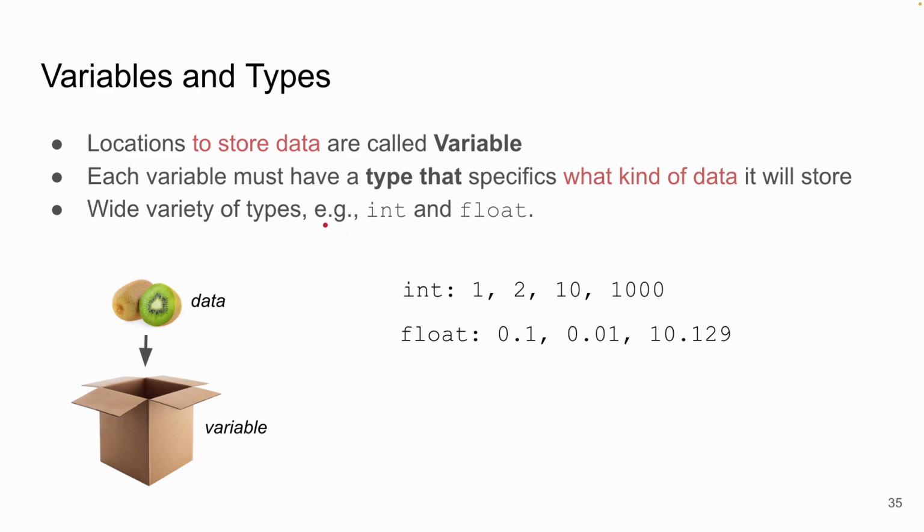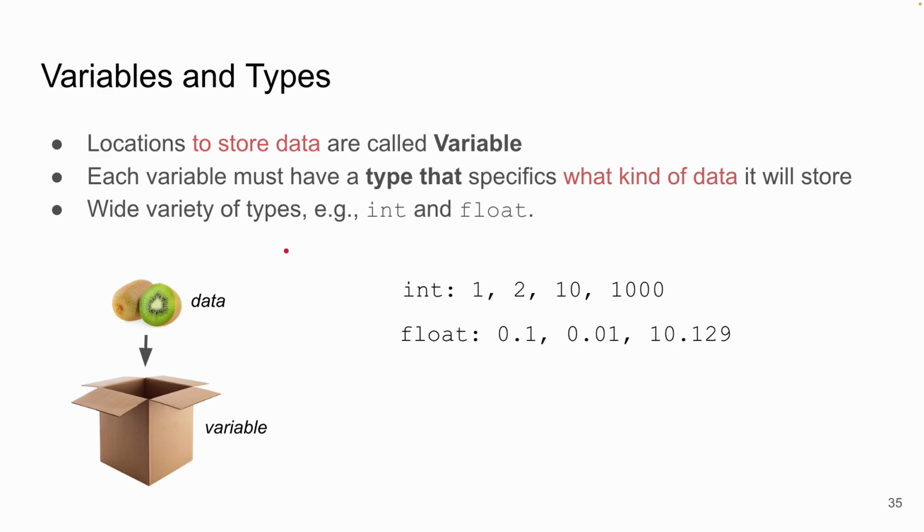A variable means that we have a place, a location, a room to store the data we have. A variable is like a box here, and the data we put inside the variable is just like the things we put into a box. Each variable must have a type that specifies what kind of data this variable can store, just like different boxes should store different things.